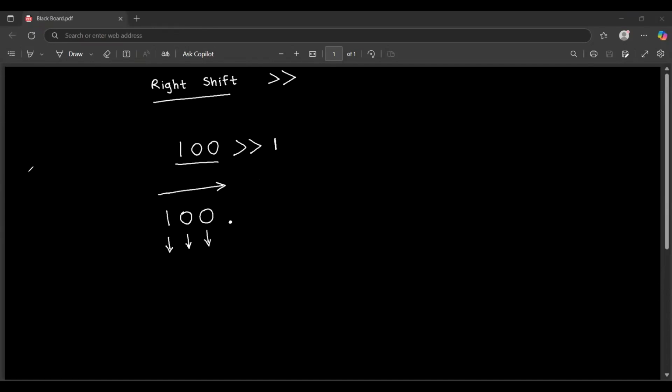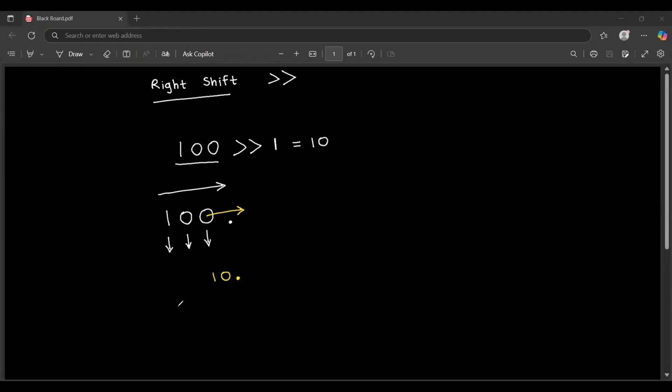So you are moving the number past this fixed point. So this number becomes 10.0, and the numbers after this point will be discarded. So the final answer will be 10. So for this question, the answer will be 10.